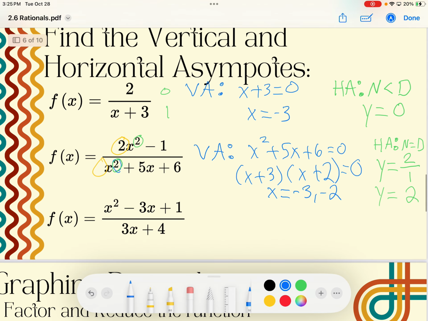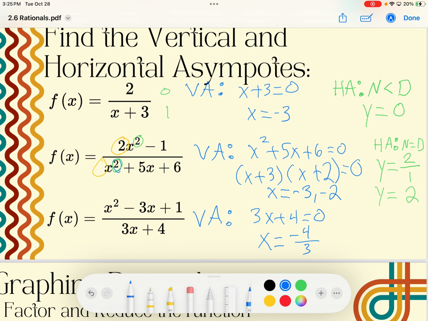All right. And then lastly, what's our g of x for the last one? What would we do first to solve? And then? And then? All right, so we get negative 4/3. Is it okay that we get a fraction? Is that what makes the function undefined?